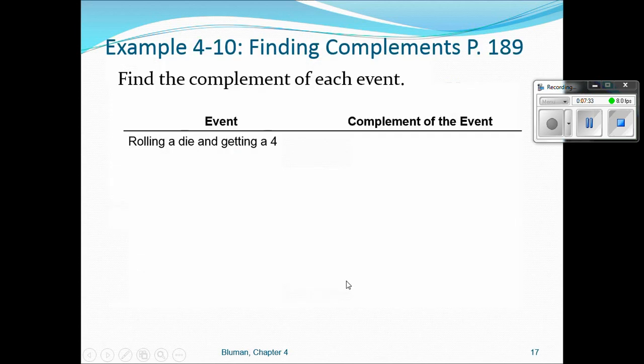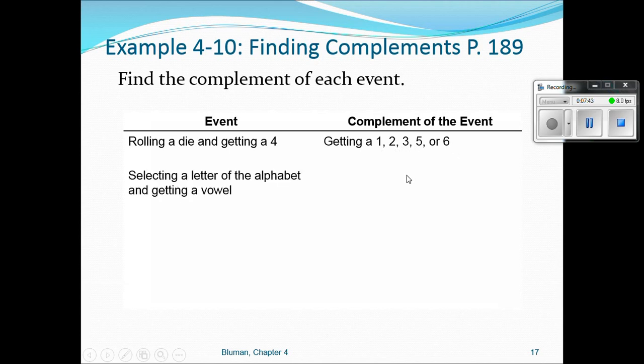So what would be the complement of, say, rolling a die and getting a 4? Rolling the die and getting a 1, 2, 3, 5, or 6, anything that's not a 4. Selecting a letter of the alphabet and getting a vowel, the complement would be getting a consonant, if you assume Y is a consonant.